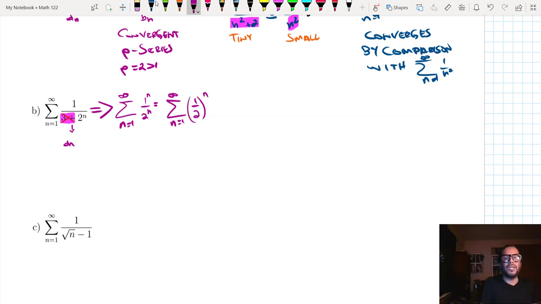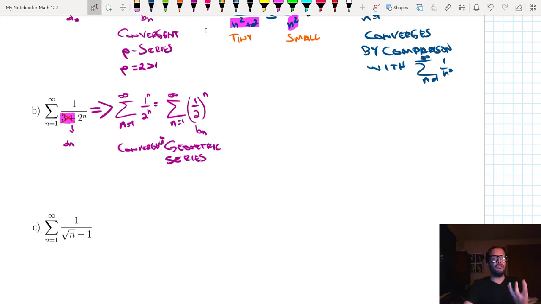And in this case, what do we have? This is our b sub n, which is a geometric, by the way, a convergent geometric series. Okay, so we came up with a convergent series.